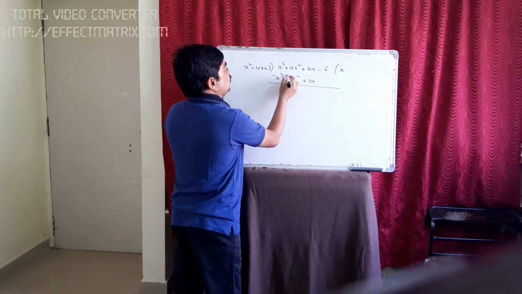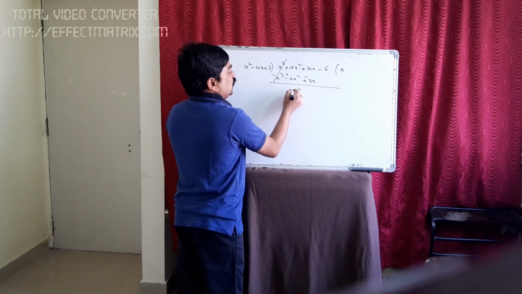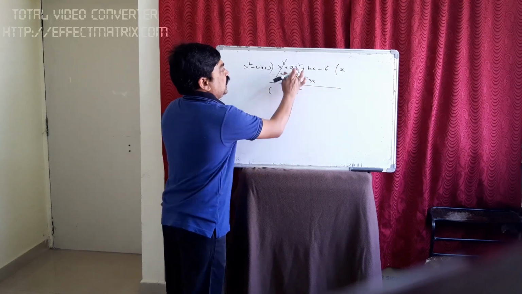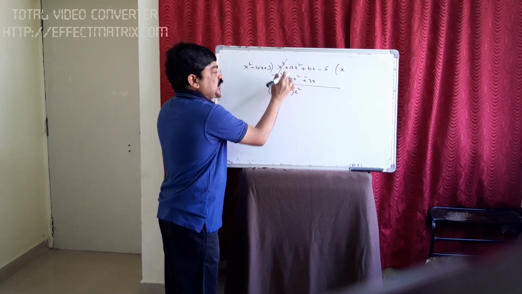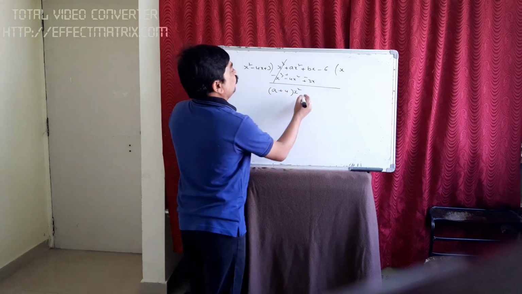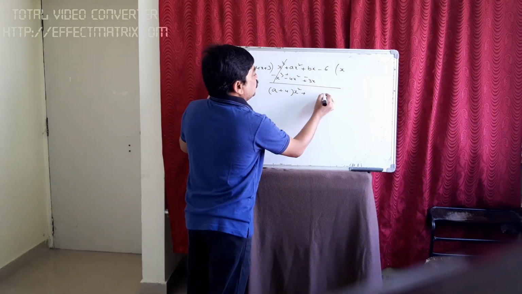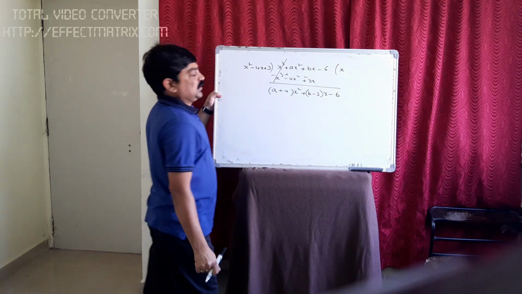Subtract, change the signs. When you add these two, how to write these items? X square term, so I took x square common. What is here? A. Plus, now the x term. What is here before x? It is b minus 3 minus 6.